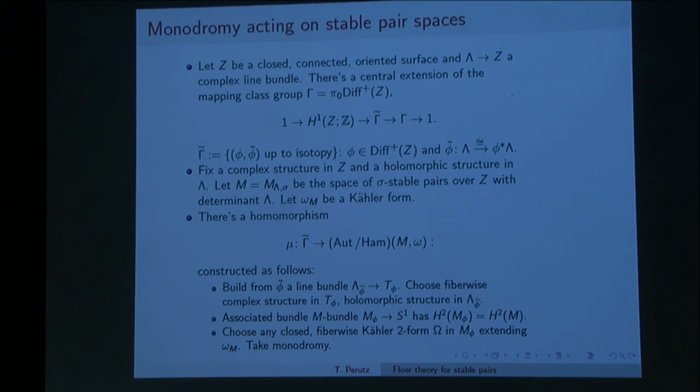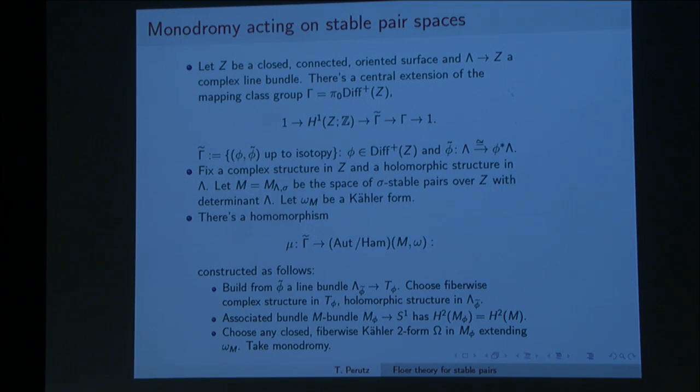Okay, so let's talk about monodromy on stable pair spaces. So I would like to say that the mapping class group of a surface Z acts symplectically on the space of stable pairs. It's not precisely true. So here's what's true. There's a central extension of the mapping class group that acts.